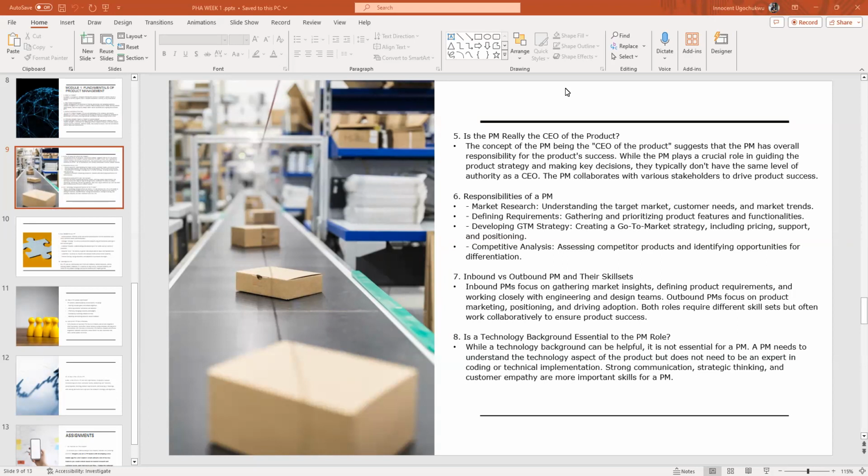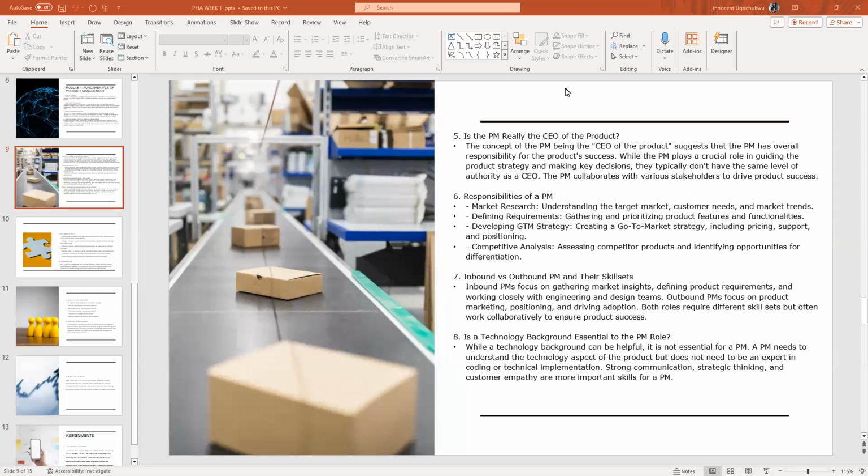So you are the one that will define the requirements, and also develop the GTM strategy. We call it go-to-market strategy, including pricing, support, and positioning. I feel like the product manager should work with the product marketer to develop the GTM strategy, unless you are good in that aspect.